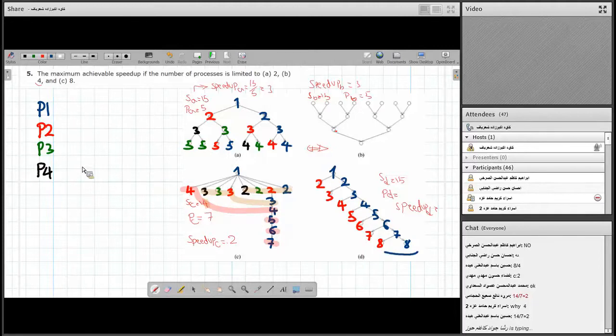In this figure, we do not use P3 and P4.